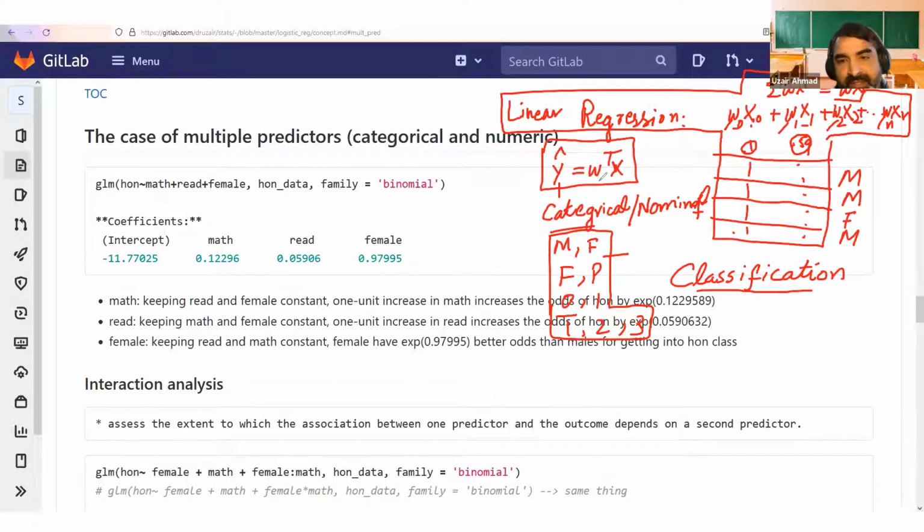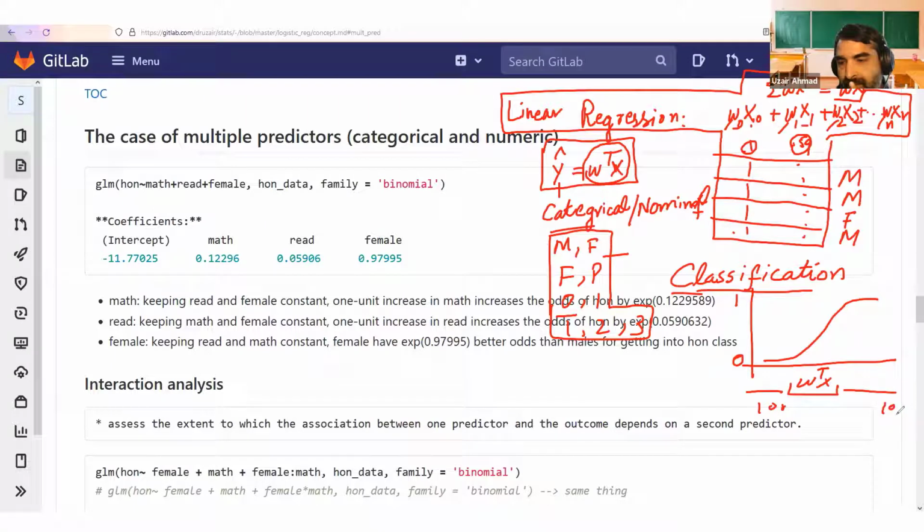You will see today that we are going to use the same w transpose x for classification with the help of an amazing function that is going to convert our w transpose x on the x-axis. If we put the result of w transpose x on the x-axis, the y-axis will be values ranging between 0 and 1. So if your range is maybe 100 to 1000, for example, it is going to convert those values into 0 to 1.